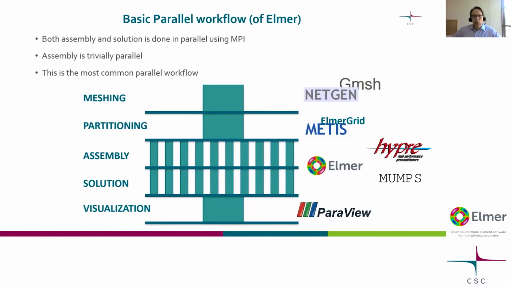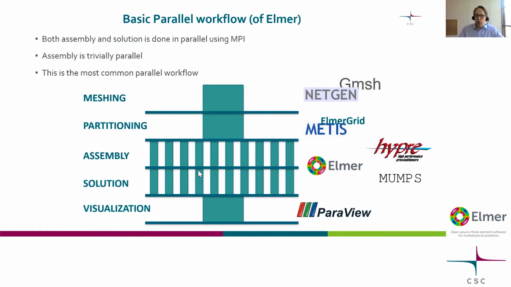So here is the real parallel workflow. I think this applies to most finite element solvers, but this is specifically for Elmer. Typically we do meshing in serial, partitioning in serial, and then assembly is done in parallel. In the partitioning process, we divide the mesh into roughly equal-sized partitions, and for each of them we do independent assembly, and then we do the solution.